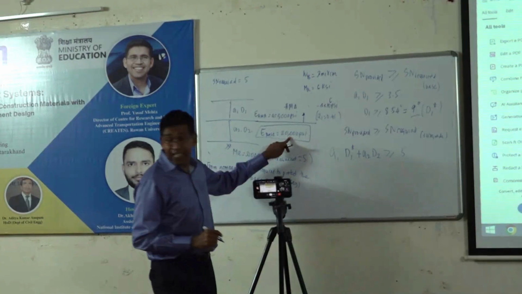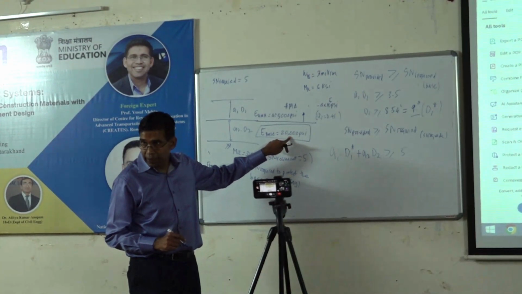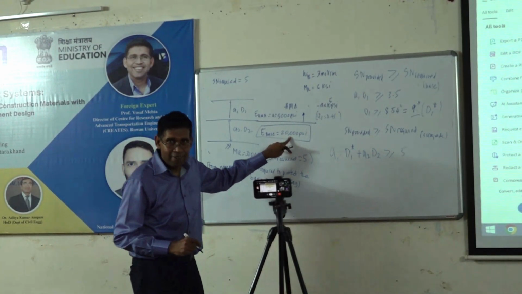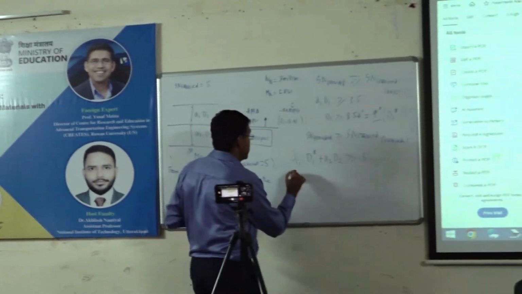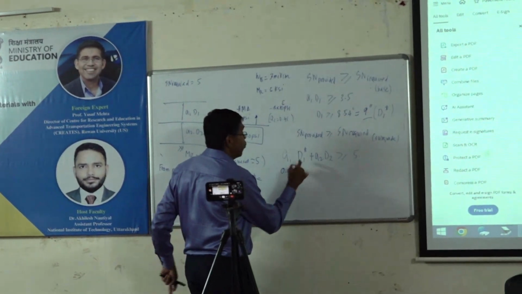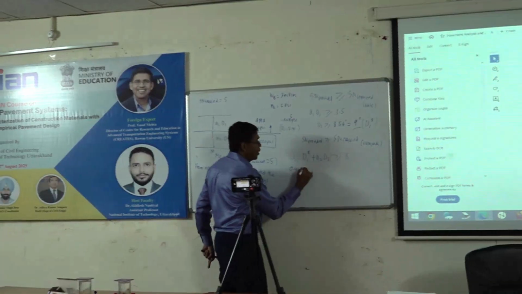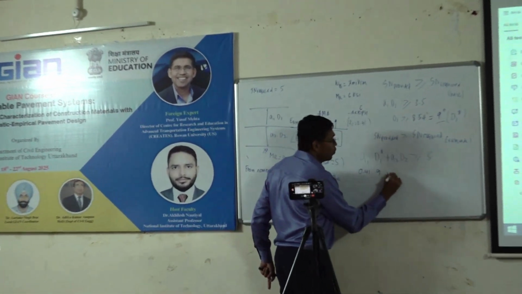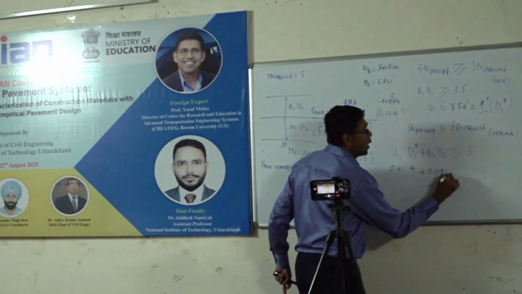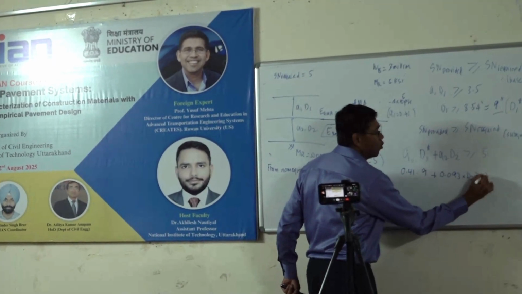You guys put this as 20,000, right? Not 2,000, correct? Okay. So A1 is 0.41 times what is D1? 9, right? Plus 0.093 times D2 has to be greater than or equal to 5, correct?